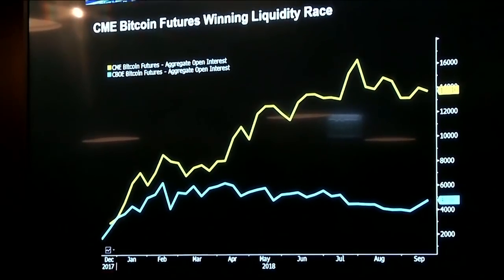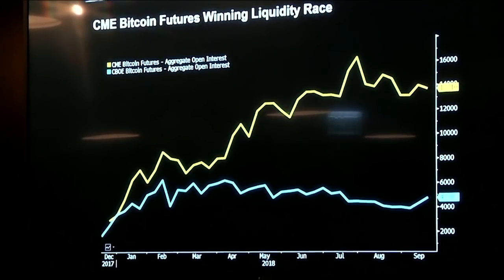This is a simple indication that the CME Bitcoin futures are winning. That's a chart of open interest. We mentioned that earlier. The number one thing in futures that you want to look for when you're trading is to make sure there's open interest and/or potential for it. Open interest is growing on the CME contract, and it's flat to actually declining on the CBOE contract. So the market's migrating towards the CME futures.